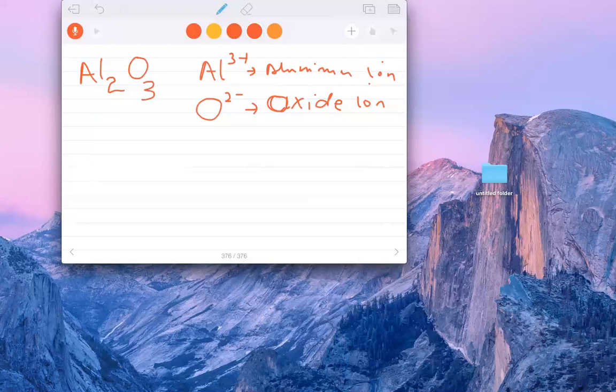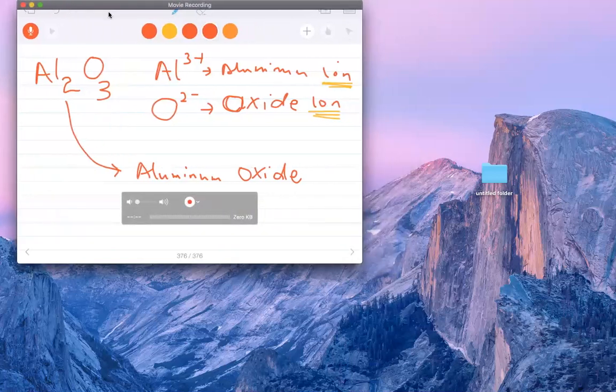We get rid of the word ion in naming this and say this is oxide, without using the word ion. It's just aluminum oxide. Aluminum oxide is the correct name for this compound.